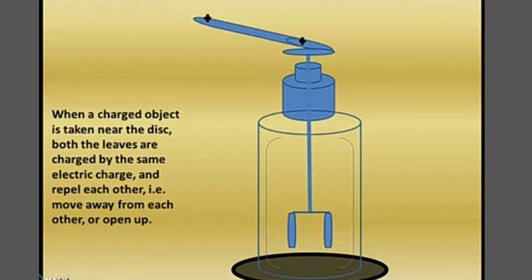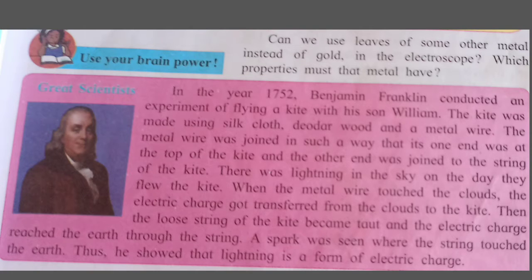A great scientist, Benjamin Franklin, in the year 1752, conducted an experiment of flying a kite with his son William. The kite was made of silk cloth, deodar wood, and metal wire.